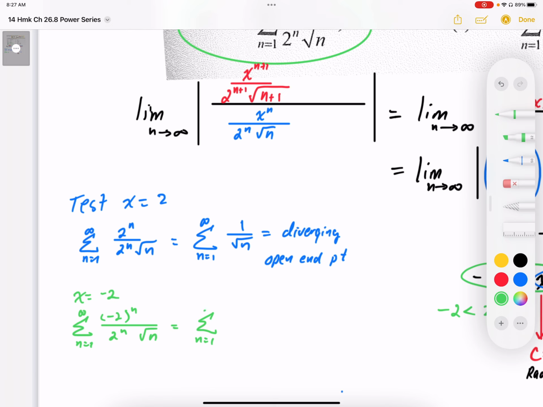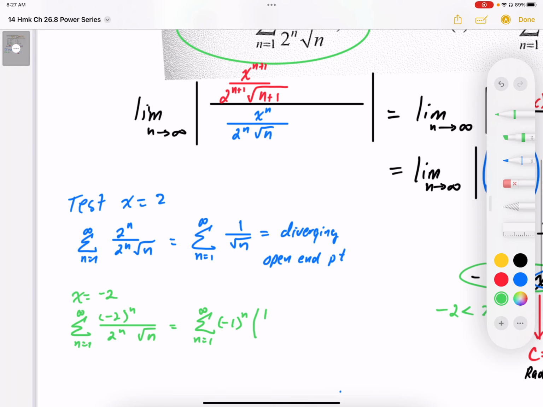However, we're going to end up with -1 to the power n when we group the -2 and the 2 together. This makes this series alternate. And in a situation where an goes to 0 and it is alternating, those are all converging.